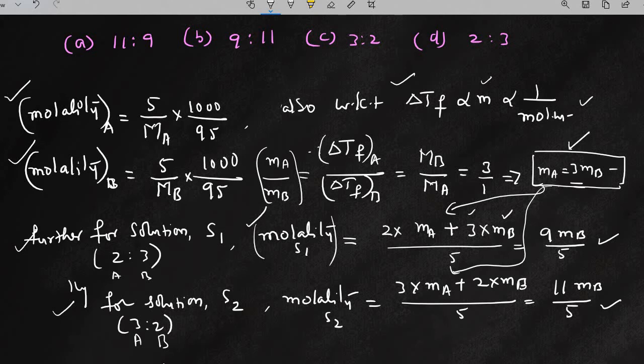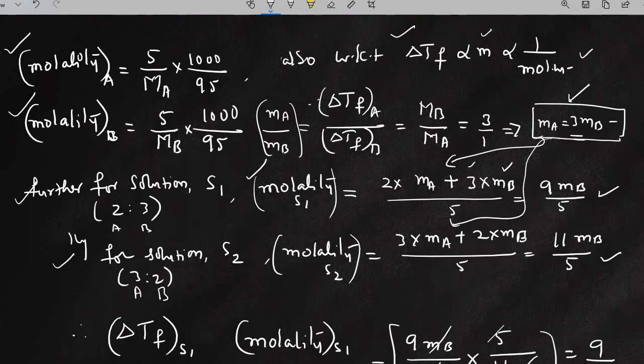So like I said earlier, molality is directly proportional to the depression in freezing point, the colligative property. Similarly, the depression in freezing point of S1 and S2 is also directly proportional to the corresponding molalities. S1 molality is proportional to delta T of S1, and S2 molality is directly proportional to delta T of S2.